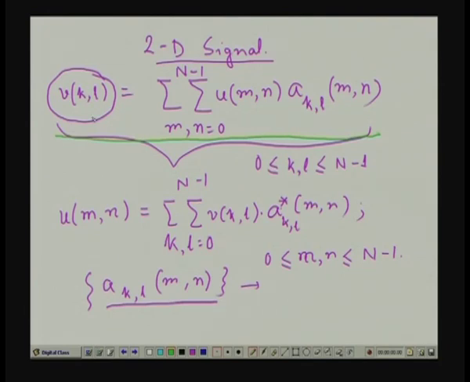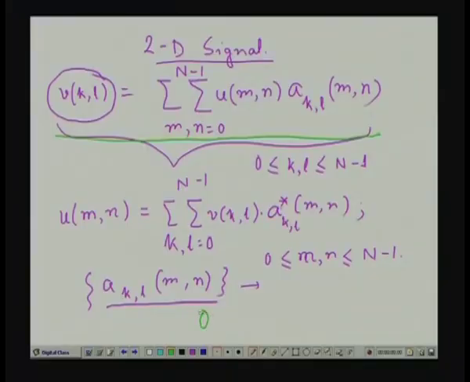That is, k is having capital N number of values, l will also have capital N number of values. So, to find out a single coefficient V K L, we have to have of the order of capital N square number of complex multiplications and additions, and because this has to be computed for every V K L, and there are capital N square number of coefficients, because both k and l vary in the range 0 to capital N minus 1.